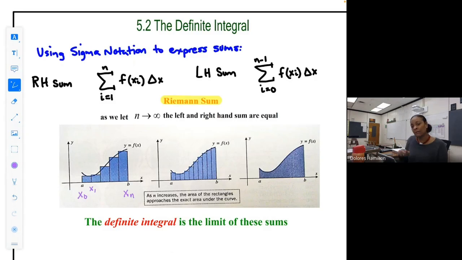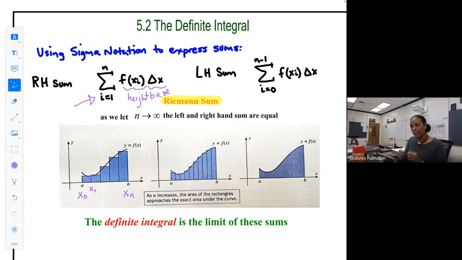So you'll notice that for the right-hand approximation, your index starts at 1 because it would start at x sub 1, because you're going to use the height to the right, and then it goes to whatever the nth term is. And here we have our base and our height.